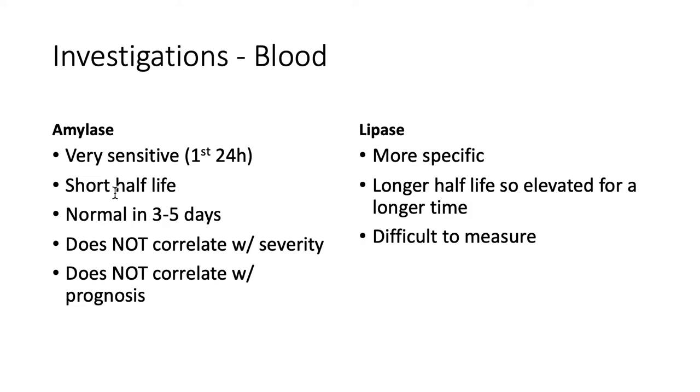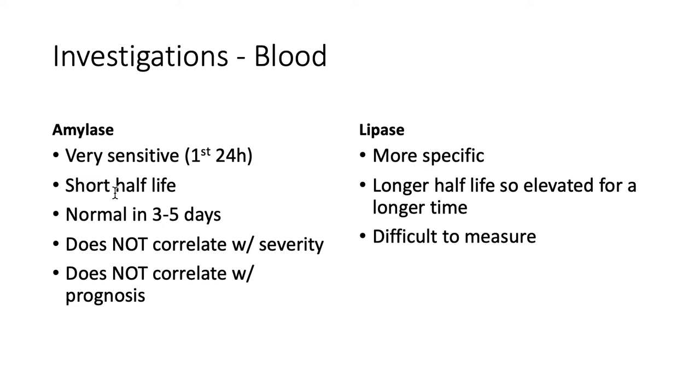Usually, if we see the elevation of amylase and lipase, does it signify that there is pancreatitis? Do we have a criteria to depend on? What's the criteria? If the amylase and lipase are above normal, does it signify there is pancreatitis?